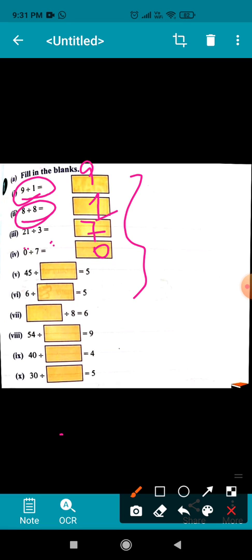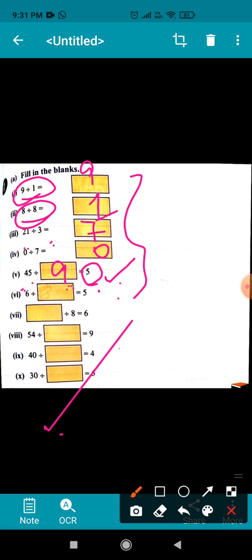Now, how many times do you read the table of 5 to get 45? 9 times. Or the 9's table 5 times you read to get 45. Okay, children, either we can read the table of 5, 9 times to get 45, or the 9's table 5 times to get 45.